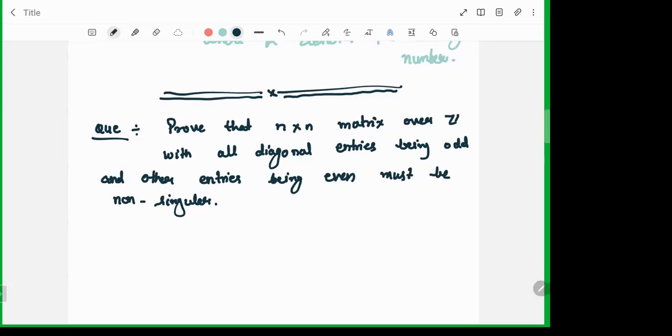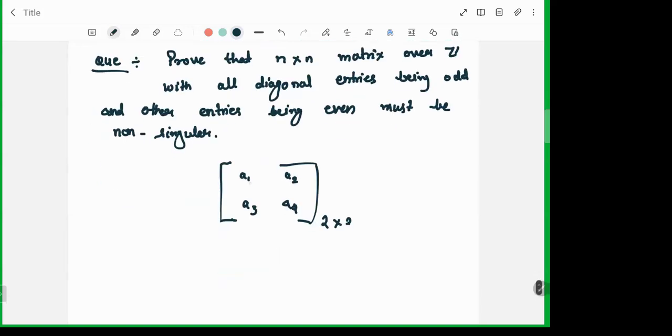Let's see with examples, then we will try to prove. Suppose we are in the 2 cross 2 case. Let's say the entries are A1, A2, A3, A4. We are claiming that the determinant is non-zero when A1 and A4 are odd and A2 and A3 are even.